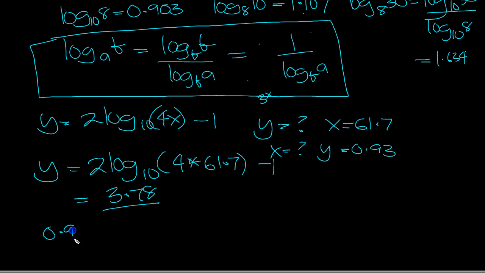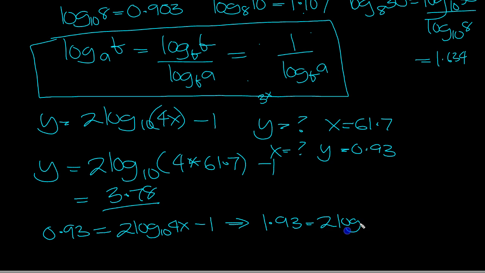So 0.93 is equal to 2 log 10 of 4x minus 1. Move the 1 over. 1.93 is equal to 2 log 10 of 4x. Move the 2 underneath, 1.93 over 2 is equal to log 10 of 4x.